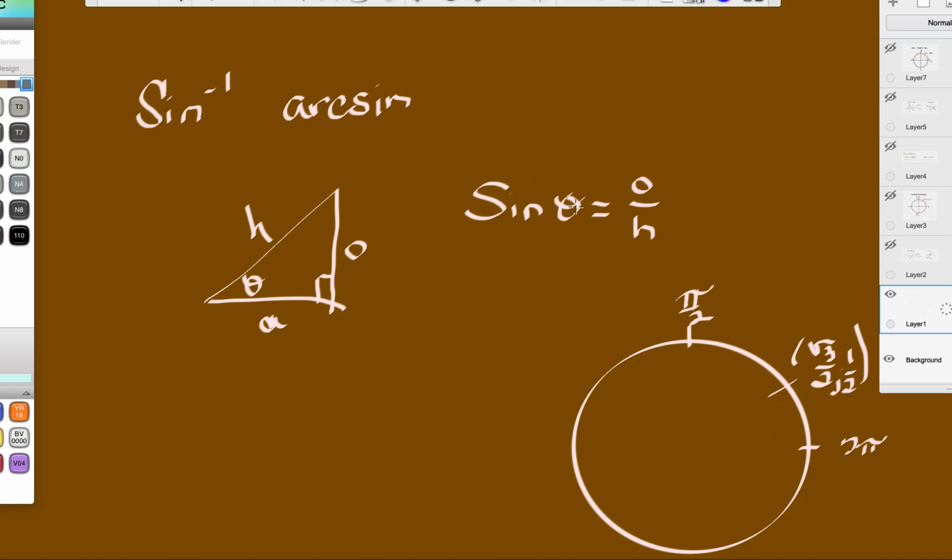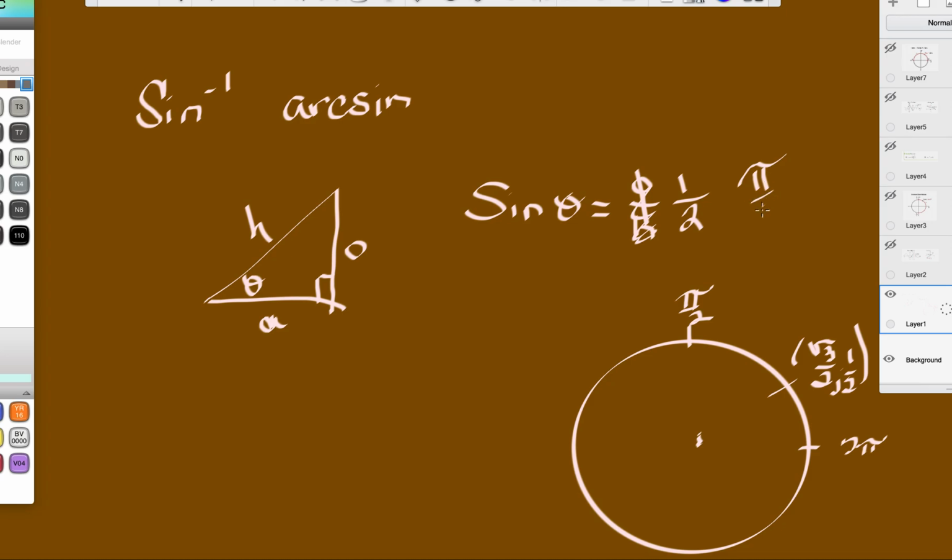If we're talking about opposite over hypotenuse on the unit circle, and say for instance this happens to be 1/2, now we're going to talk about the arc sine of 1/2. I know that this angle in radians is pi over 6, right?